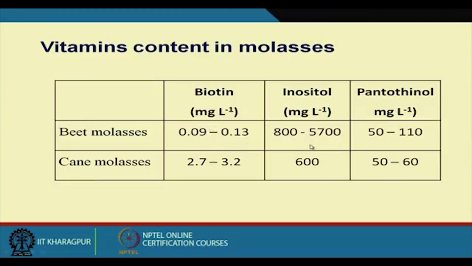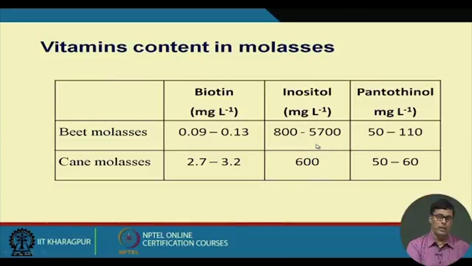Then inositol: if inositol is absent, then the organism is reluctant to ferment sugar. That is undesirable. And pantothenic acid: if it is not present, then your organism easily undergoes autolysis. That is undesirable. If you look at these vitamins in beet molasses and cane molasses, their percentages vary. In cane molasses, the biotin content is high.